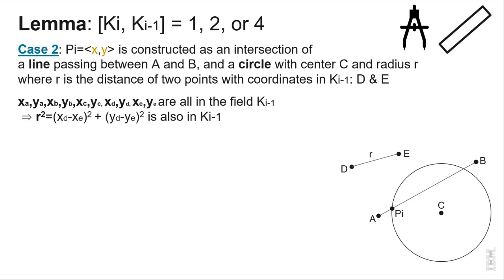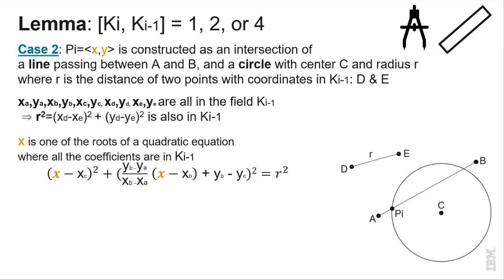Because by the Pythagorean theorem, R squared is what is written here, which again just involves multiplications and additions of values that are already in K_{i-1}. So in other words, K_{i-1} already includes R squared also. So K_{i-1} includes all these coordinates and R squared.